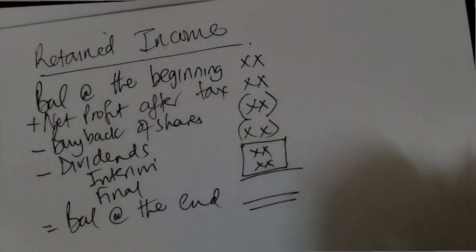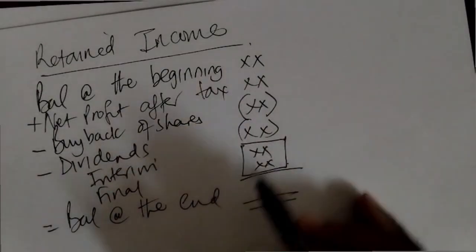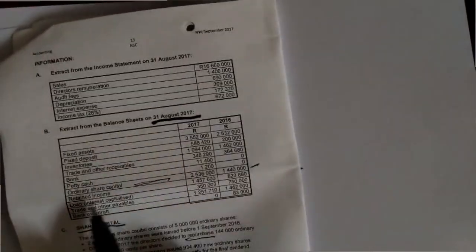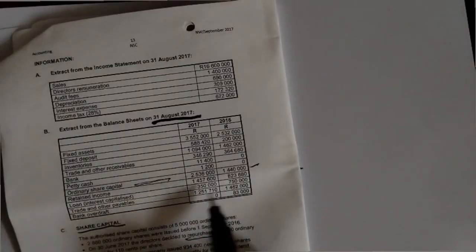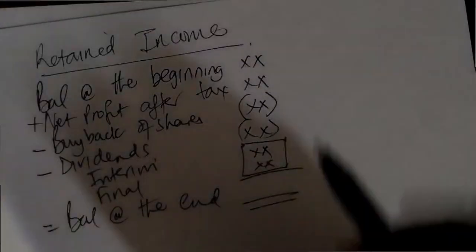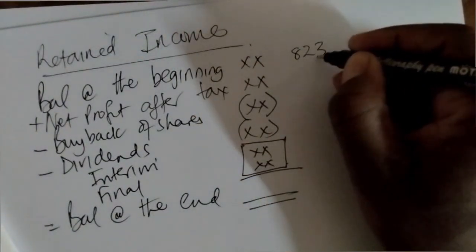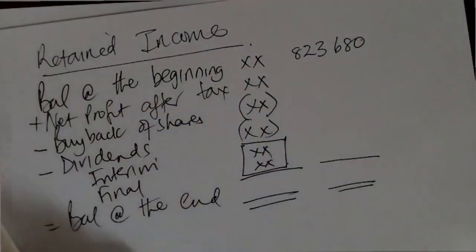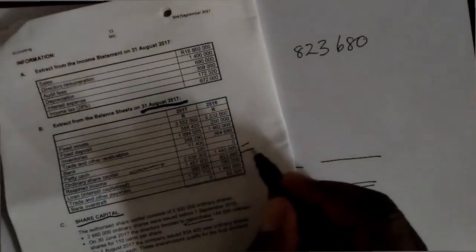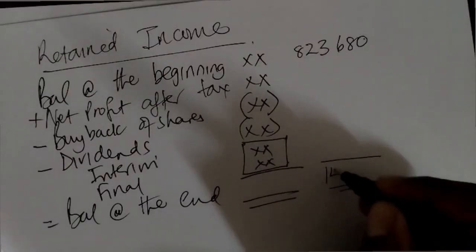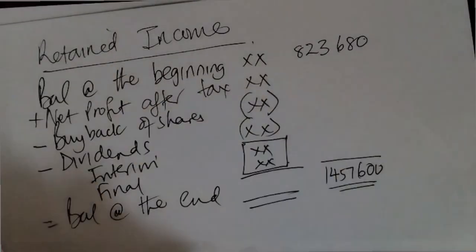So I've drawn this template, but what I'm going to do is substitute these x's that I put here when I'm doing the note. So if I check the information that I used on my ordinary share capital, you see that the balance of my retained income is given as 823,680 at the beginning, and then the balance at the end is also given as 1,457,600.